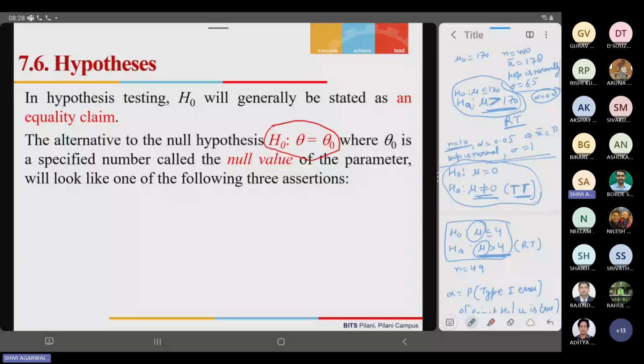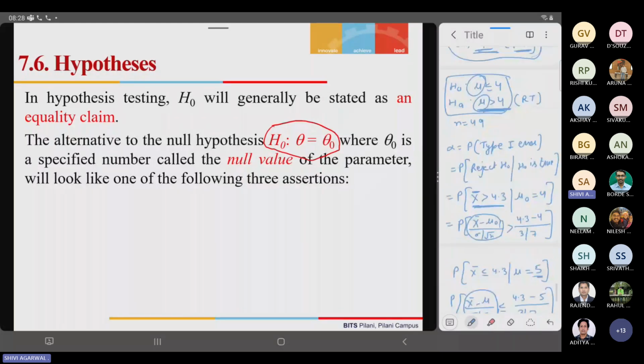Then we mentioned the errors, the probability of type 1 error and the probability of type 2 error.